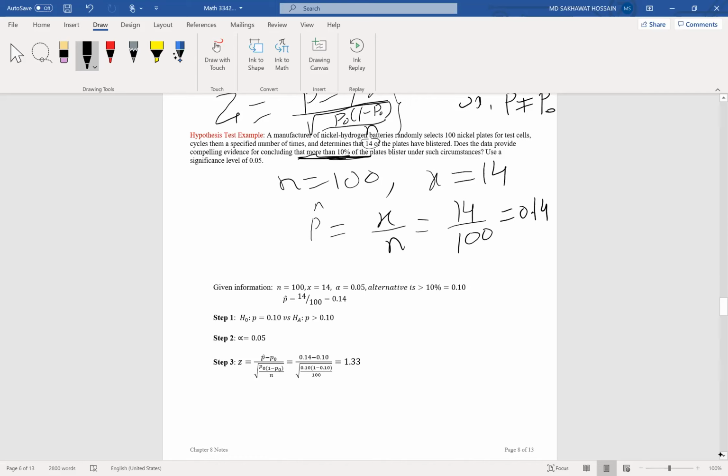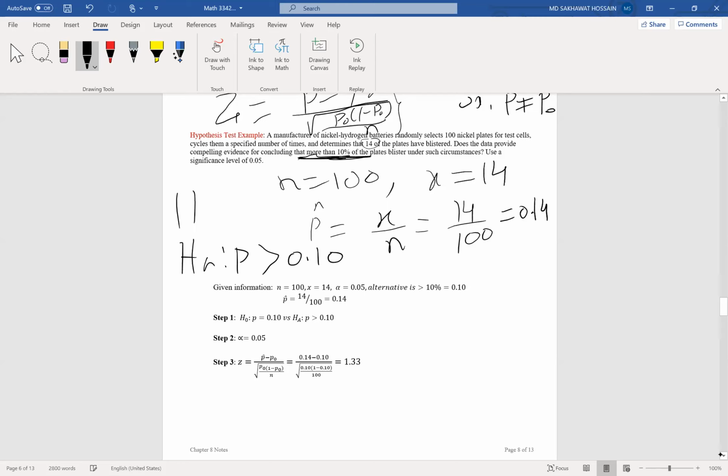So we want to test whether more than 10% of the plates blister under such circumstances. That means we want to test whether the proportion P is greater than 0.10.